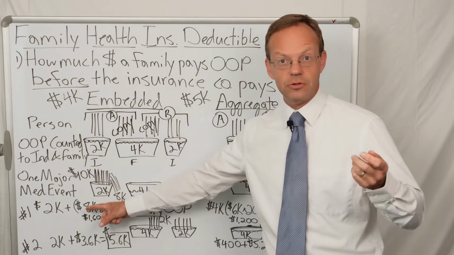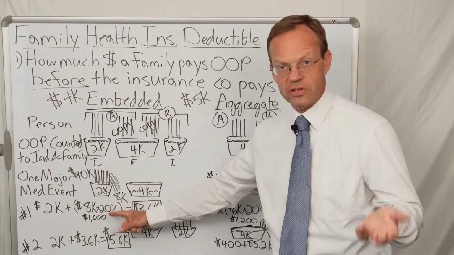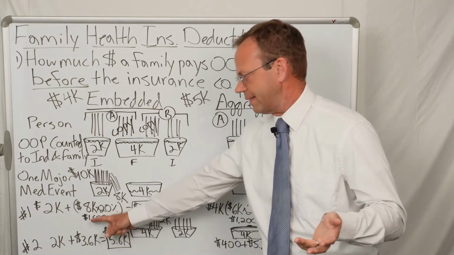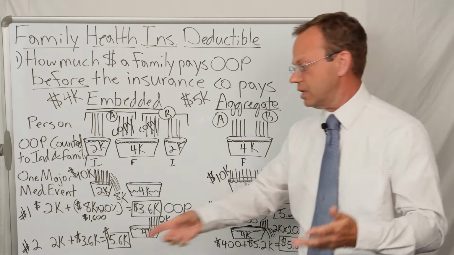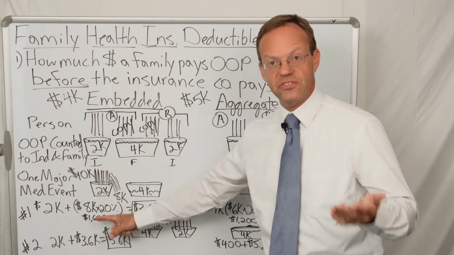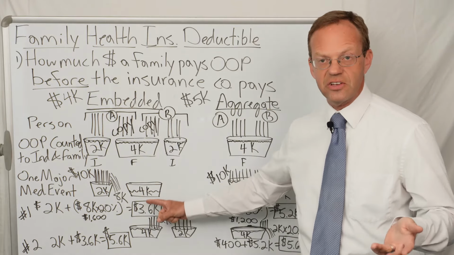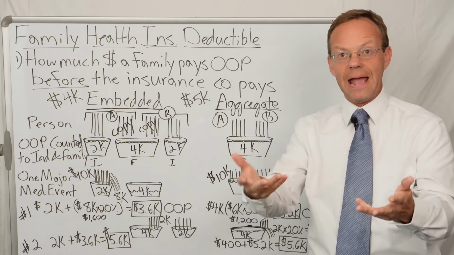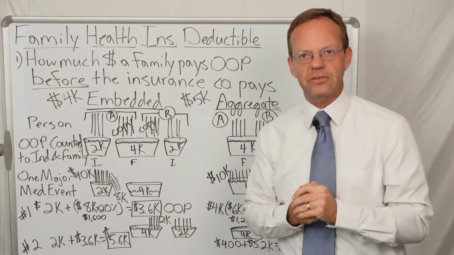Then you do some math. You multiply the $8,000 of overflow times the 20% coinsurance, and that gives you $1,600. To calculate your out-of-pocket cost, you take the $2,000 deductible plus the $1,600 of coinsurance, and that gets you $3,600 that you have to pay out of pocket for that $10,000 medical expense. The insurance company pays for the rest.